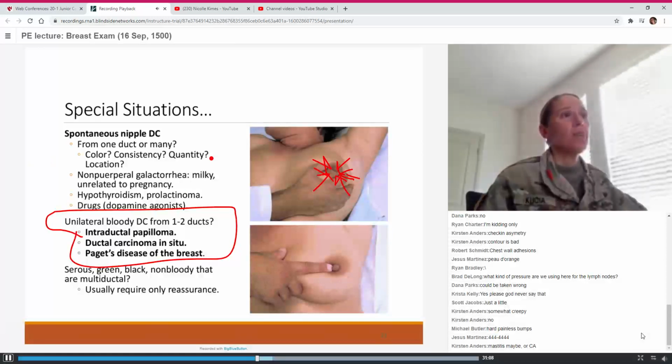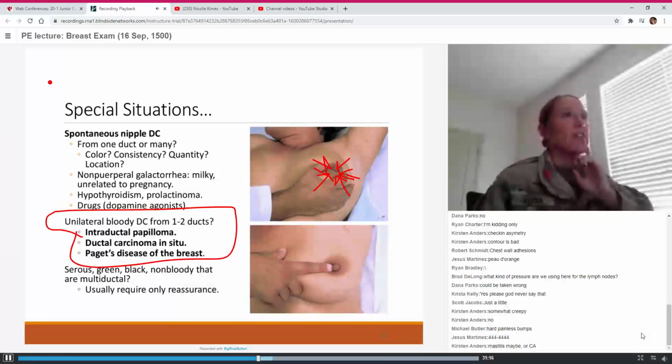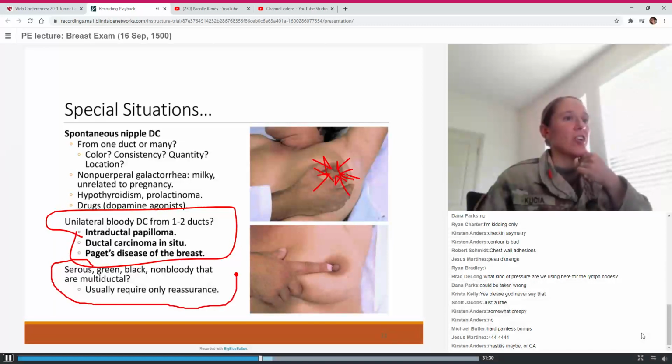Some things are normal, right? If you have hyperthyroidism or elevated prolactin, potentially you're going to have some expression of lactation, galactorrhea, right? That might be totally normal. Or if you had a baby recently, you could be lactating, right? Totally normal. But if it's got evidence of being bloody or it looks like serous fluid, that would be abnormal.